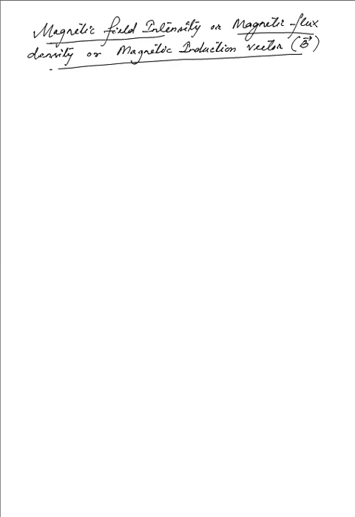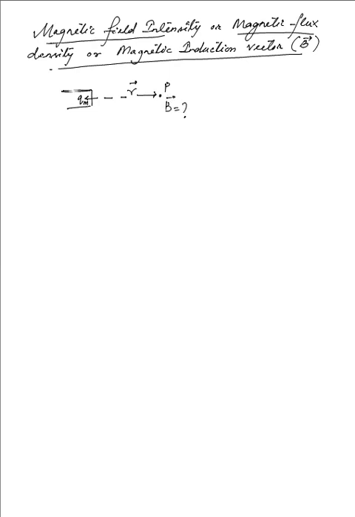So in this case, we have a pole which has a pole strength of qm, and we consider a point P at a distance supposedly r from the given magnetic pole, and we want to find out the magnetic field intensity over there.